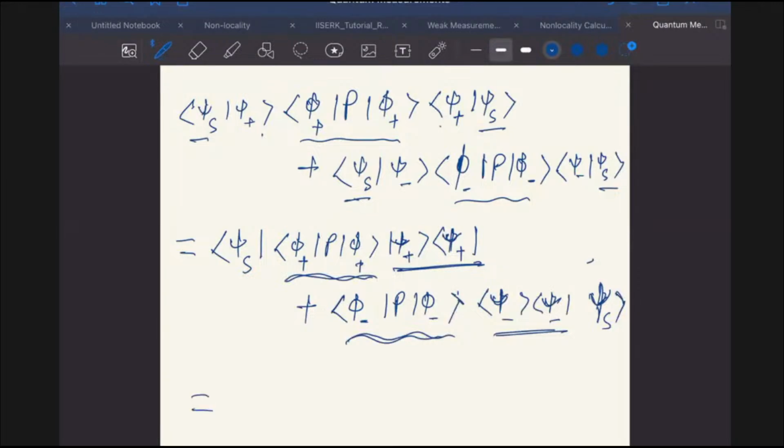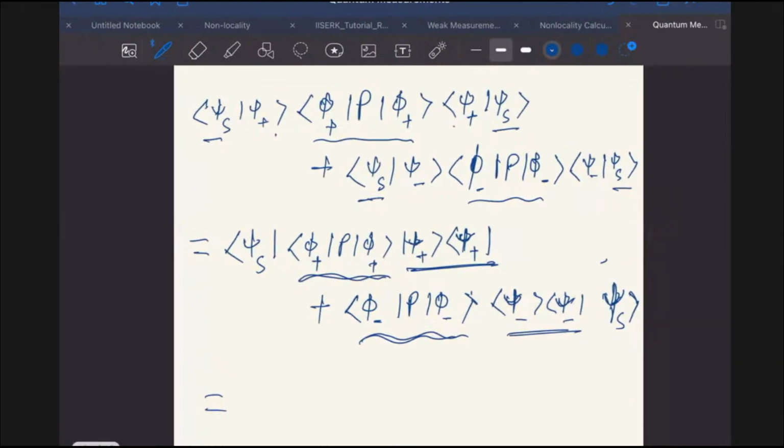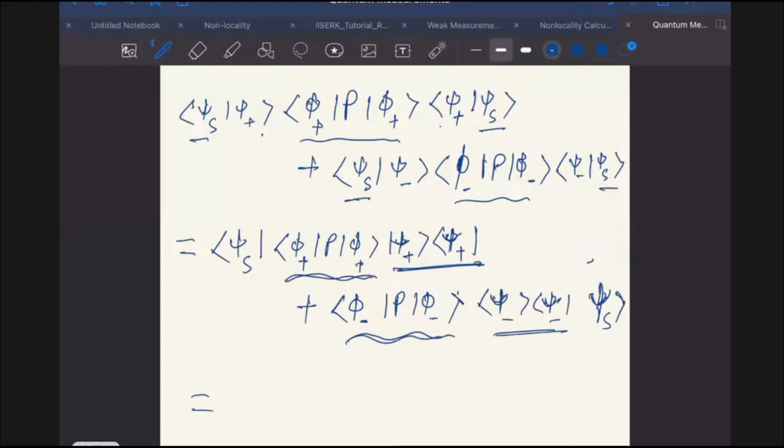So do you find any resemblance with the previous one? There is some resemblance. Previously, in the definition of POVMs, we wrote probability times projectors, and those projectors were for spin components. Here we are getting the same. So let me write psi s, I define it by some E_U psi s.